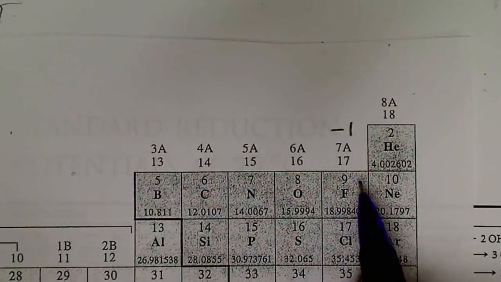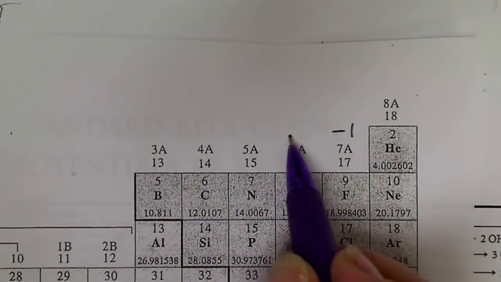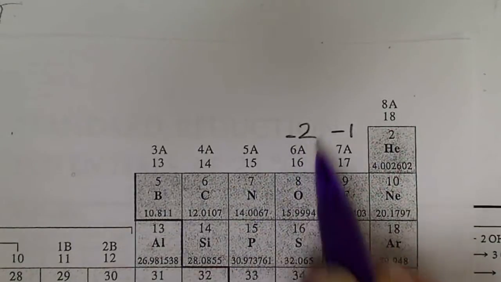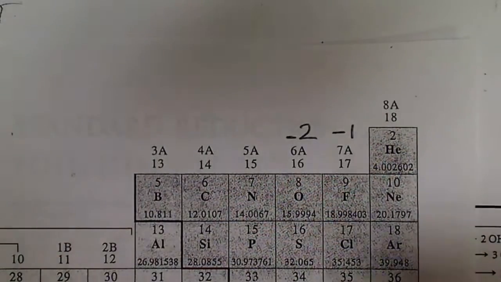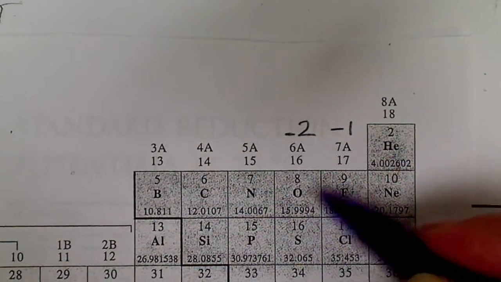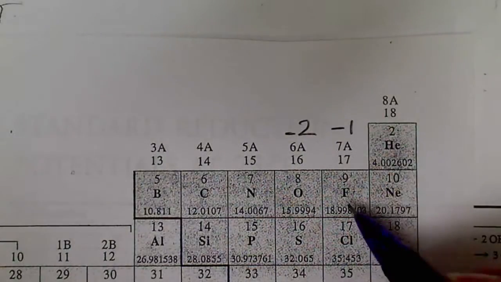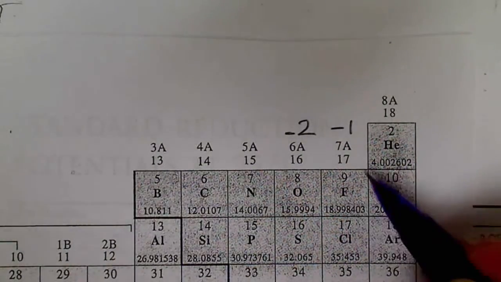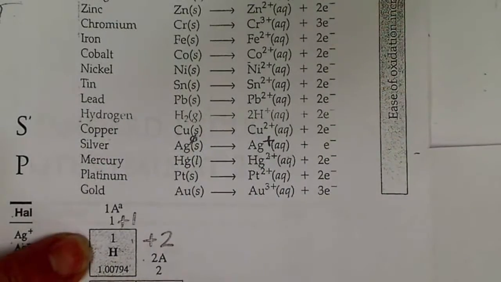So the nonmetals get reduced by oxidizing metals. And oxygen, the element, is an oxidizer, so each atom likes to steal 2 electrons from a metal. So we know that fluorine likes to be reduced, and lithium likes to be oxidized.